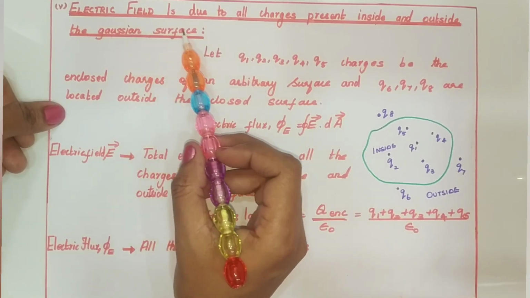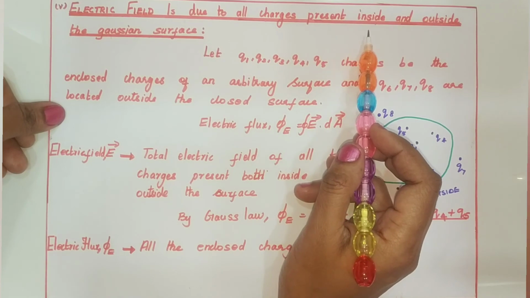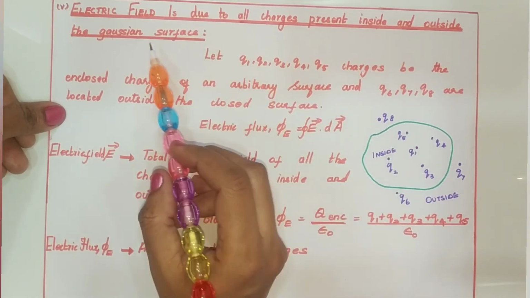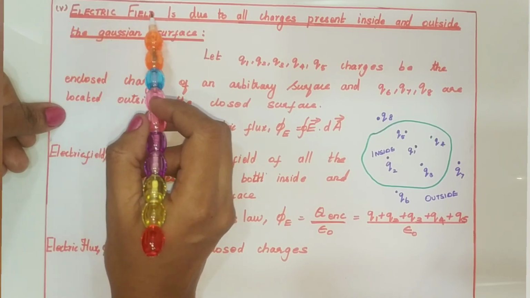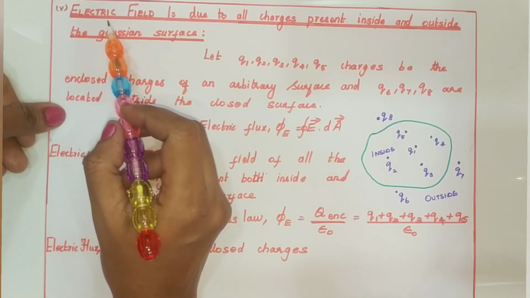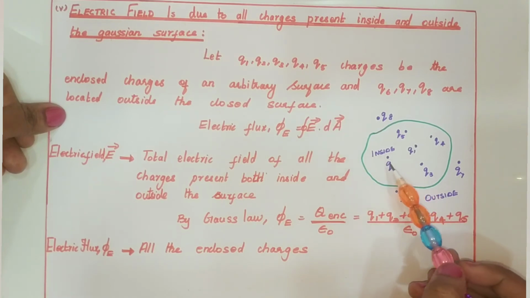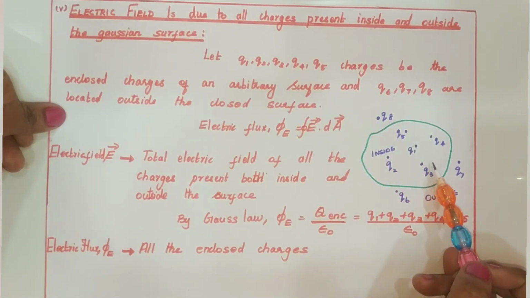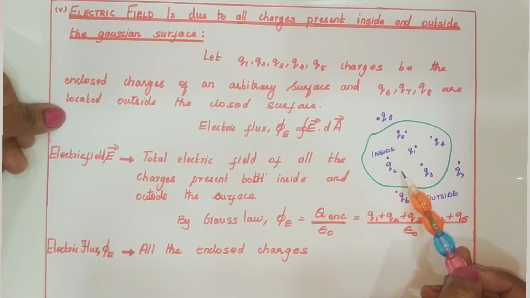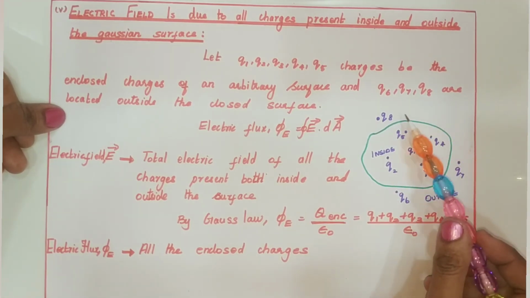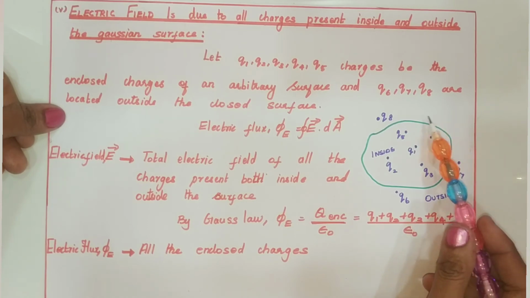Next one, electric field is due to all the charges present inside and outside the Gaussian surface. In this point, we are going to talk about the electric field. Okay, what about the electric field? Now, we consider charges Q1, Q2, Q3, Q4 and Q5 inside a closed surface. And there are also some charges outside the closed surface.